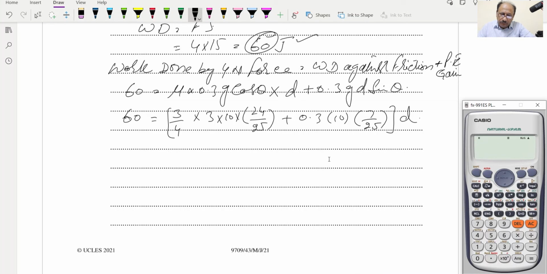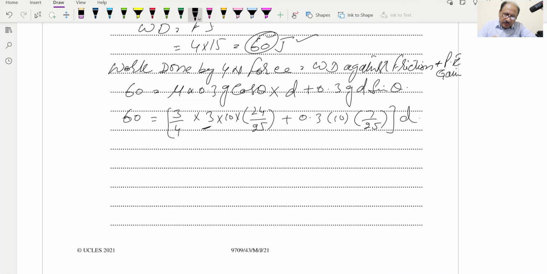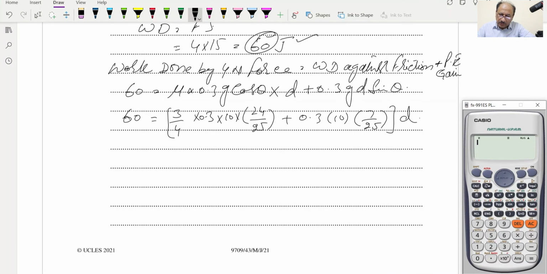We missed something here: instead of 0.3 we have written 3, so this should be 0.3. We can calculate separately 3 over 4 multiplied by 0.3 into 10 into 24 over 25, and then plus 0.3 into 10 into 7 over 25, and this will be equal to 3.